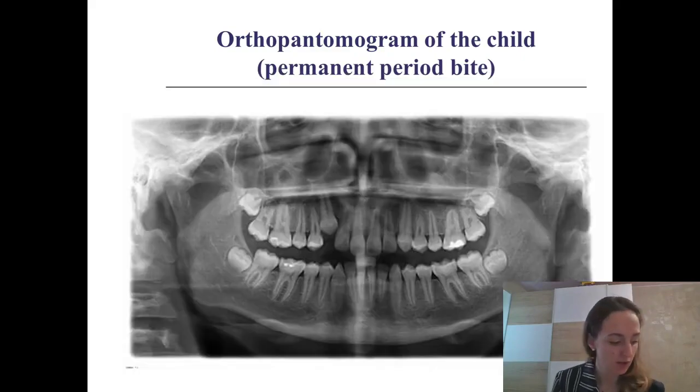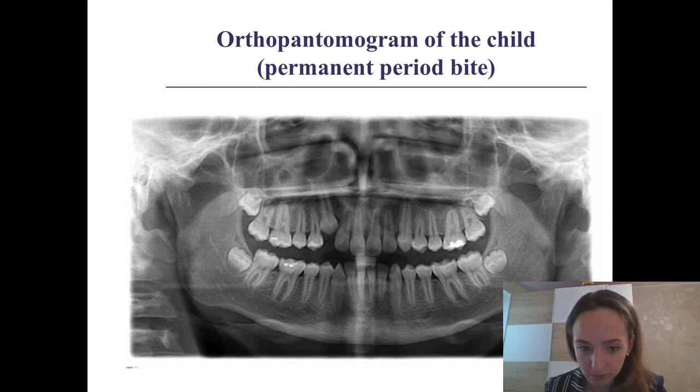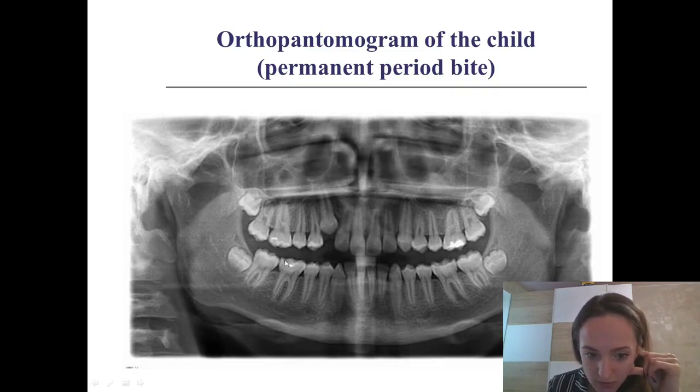And the orthopantomogram of a child in the permanent period of bite. We have germs of the 8 teeth, and that's all.